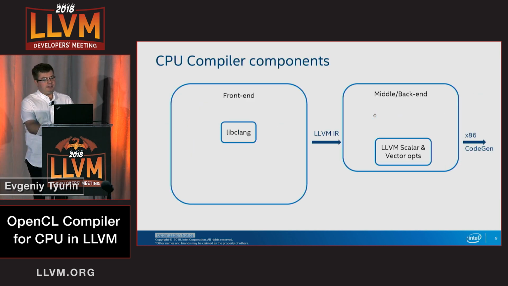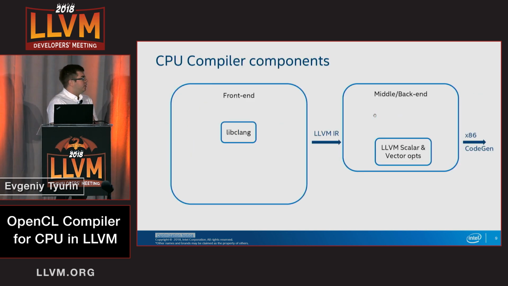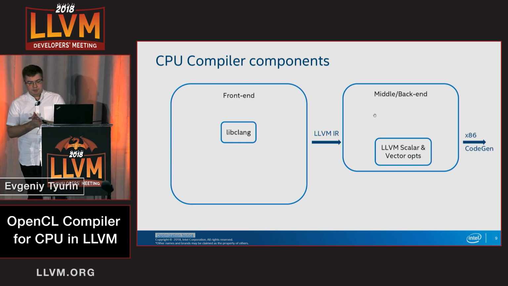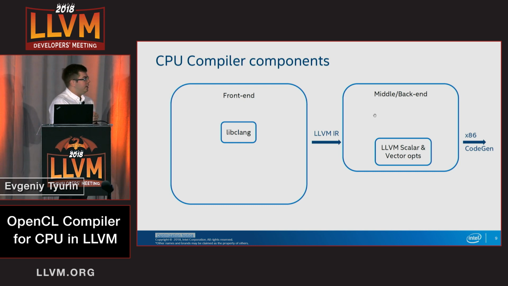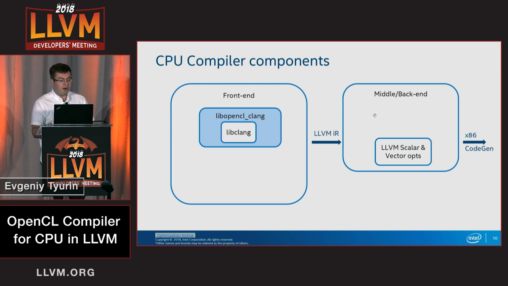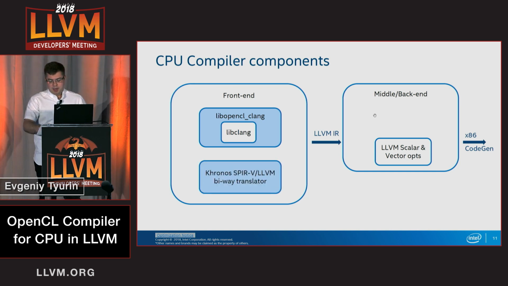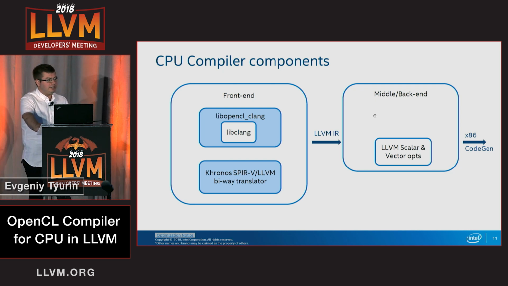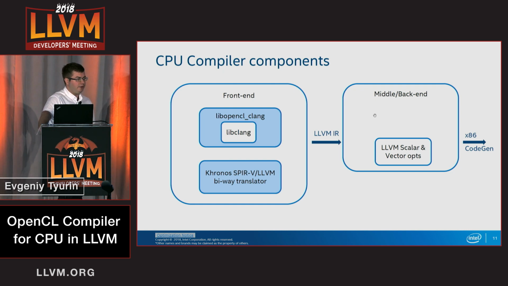Let's dig deeper into the compiler stack. Here I'll try to highlight what main differences OpenCL brings to the standard LLVM compilation flow. At first, we're going to take libclang and wrap it up in a new library that we call libOpenCLClang. We're also going to incorporate the Khronos SPIR-V LLVM bidirectional translator in order to accept SPIR-V input mandated by the OpenCL 2.1 specification.